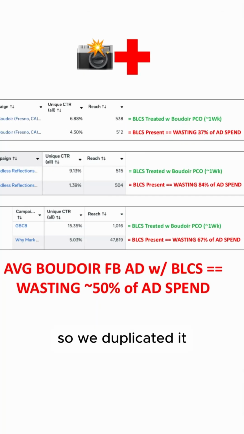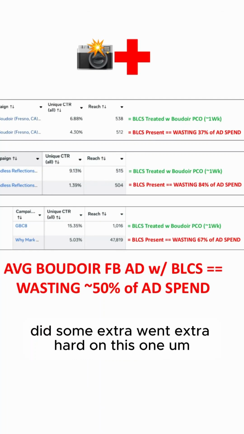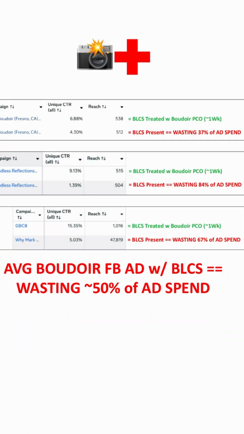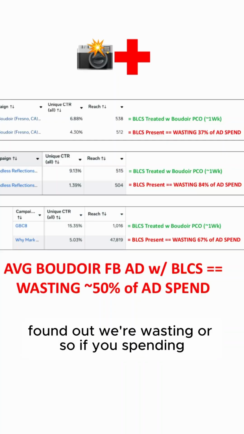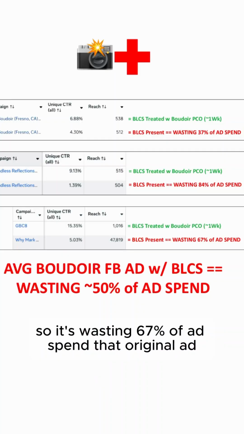So we duplicated it and went extra hard on this one. Treated with Boudoir Pico, it took about a week and got his unique CTRL up to 15.35%. So we found out he was wasting 67% of ad spend on that original ad.